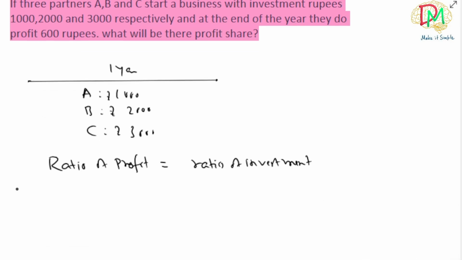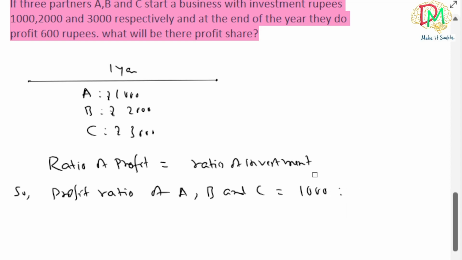So the profit ratio of A, B and C is equal to 1000 is to 2000 is to 3000, that is 1 is to 2 is to 3.